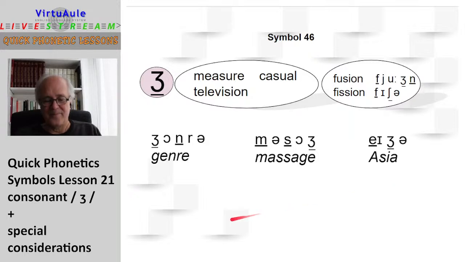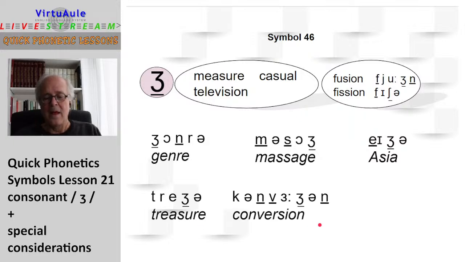Asia. Treasure. Conversion. Usual. So generally it's an S, but it can be also other letters.